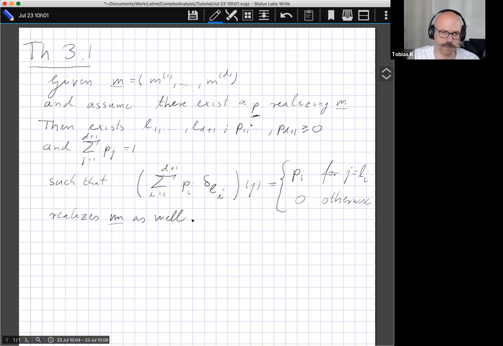Also, this theorem is important for another reason in numerical analysis. It's called cubature, and it's one way of numerically treating complicated integrals. So if you want to treat an integral, and the only thing you care about is that you integrate polynomials up to degree d correctly, then it is sufficient to solve the moment problem, and the best way is solving it in this kind of discrete way, like I have it here.